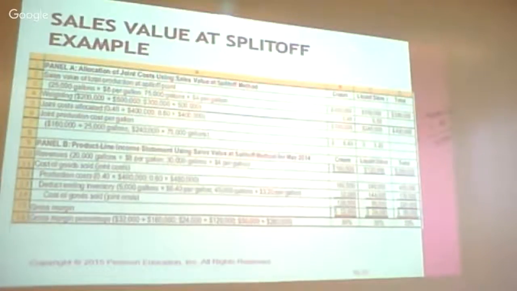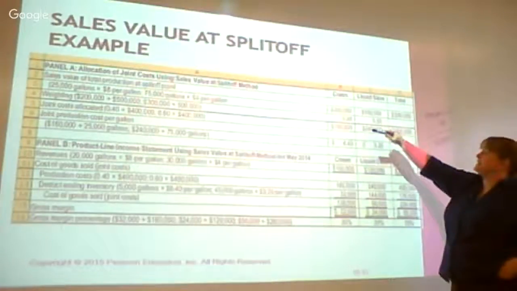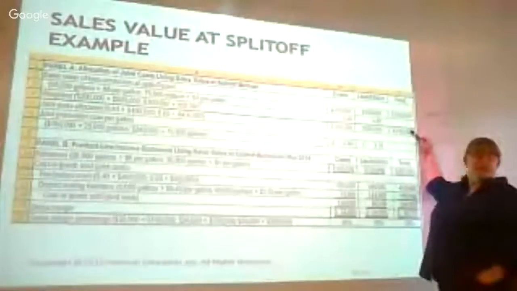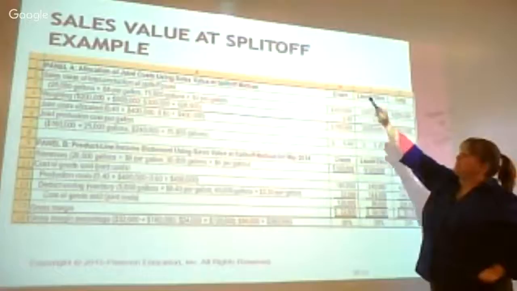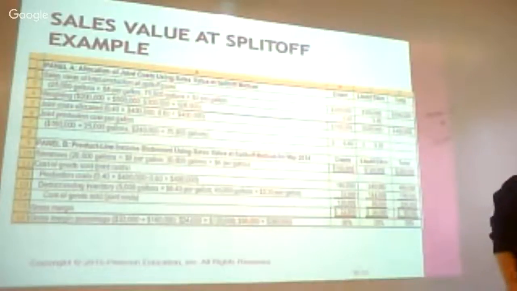All right. So then, I gotta get the joint cost per gallon. How do I do that? I take the 160, this cream part of the 400, and divide it by the number of gallons of cream that I produced. So I have 160 divided by 25,000, and that gives me $6.40.